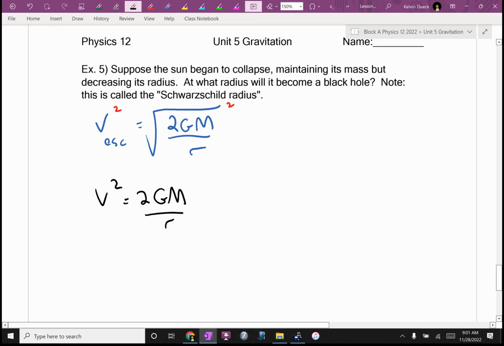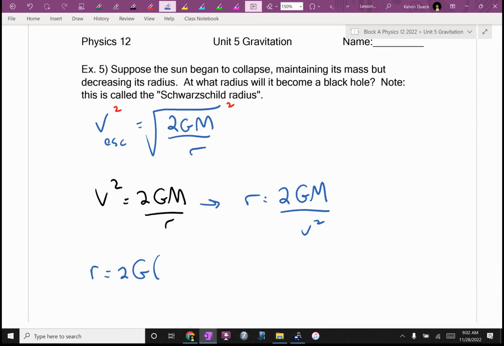We would again multiply the r to the top left and divide the v squared over. And again, we'll let v equal the speed of light. So we're going to get this: 2 big G, big M. What's the mass of the sun? I know it's 1.98, but I can't remember the rest. 10 to the 30th?